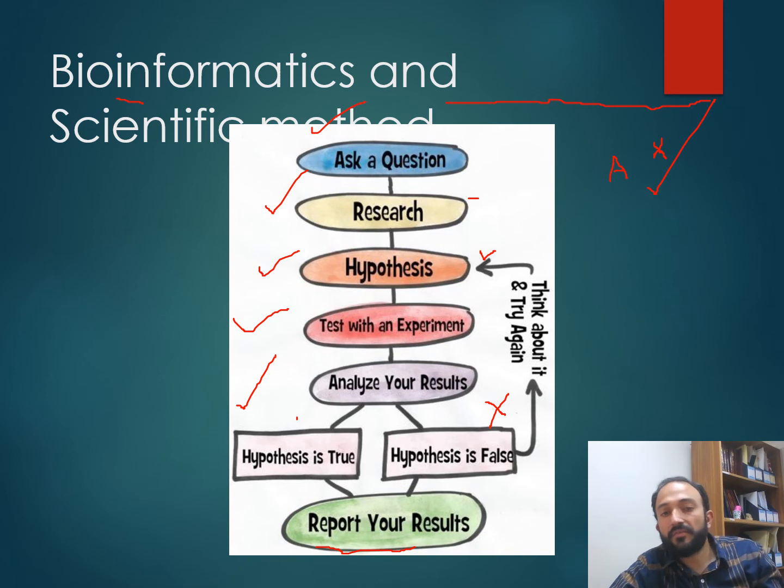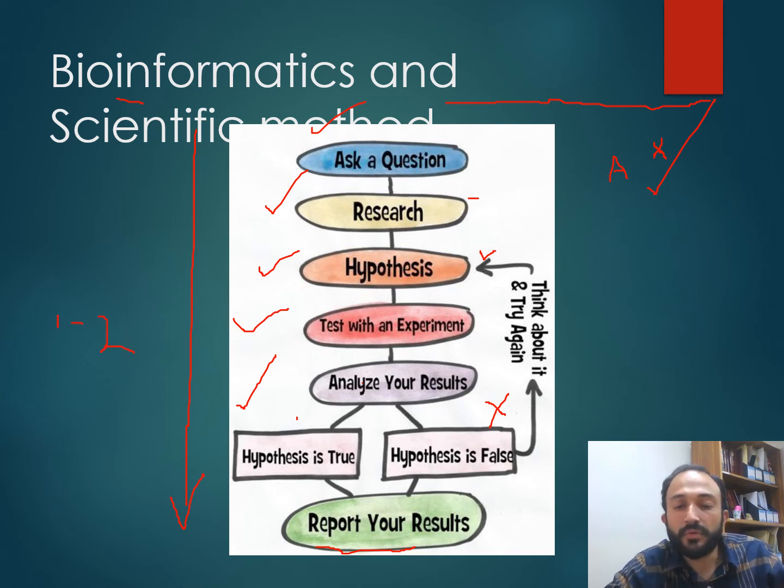So bioinformatics also follows all those scientific methods. So all these things can be done in parallel while you're doing your biology. Using biology, you can take a lot of time, but in bioinformatics this whole process can take only, if you have a good computer, 1 to 2 days.